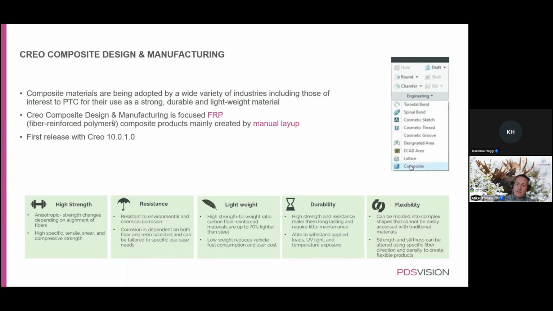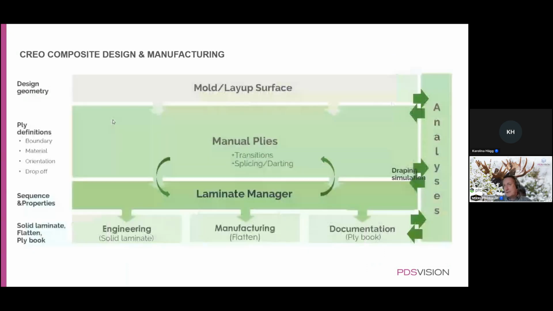So what is needed then to design these things? It's kind of a schematic here. First of all, on the top left, you have a design geometry. So you have to have a surface which describes the outer surface of your geometry, what you want to gain. And against that geometry, you start to lay up the individual textile layers.